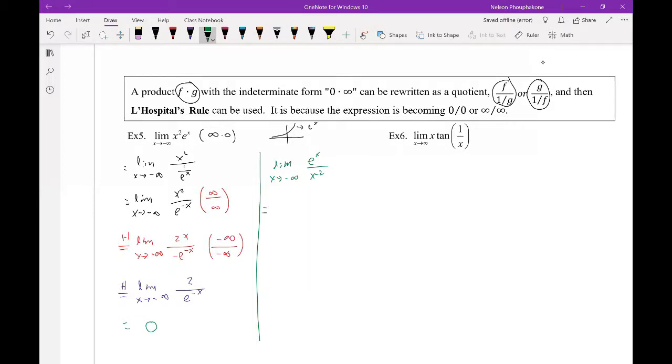If we apply the L'Hopital rule, we have e to the x, and then we will have negative 2 x to the negative 3.